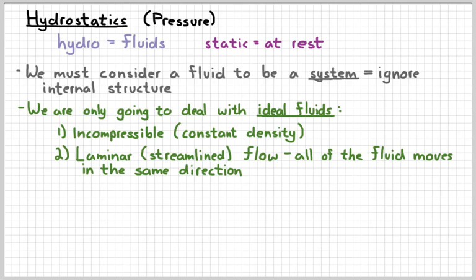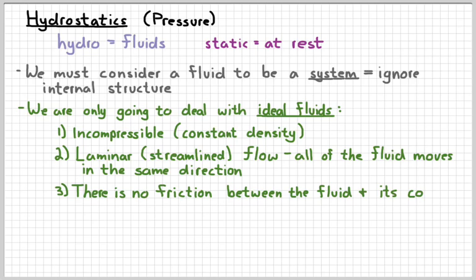Obviously today we're just talking about fluids at rest, so that idea is not going to be too important. We have a while to understand that. And then the third thing about an ideal fluid is that there's no friction between the fluid and its container. And so water moving through a pipe moves without the pipe slowing it down, in other words.